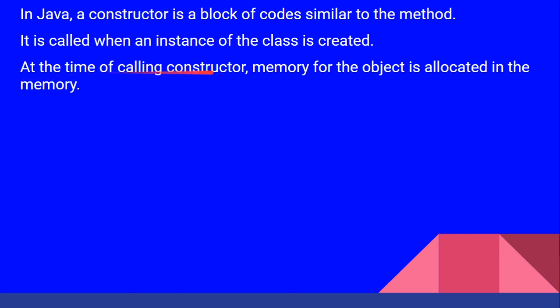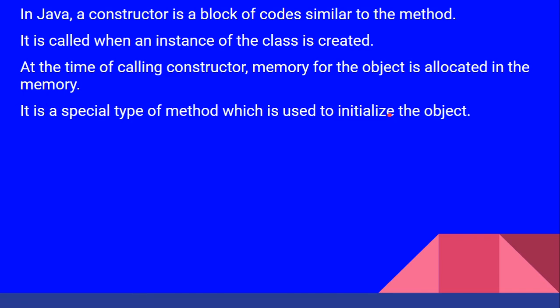At the time of calling the constructor, memory for the object is allocated. The class may have an integer variable, float variable, an array, a structure or record, a simple data structure or a secondary data structure like an array or list, whatever it may be. For everything, memory space is allotted for the object. That is the purpose of the constructor, and it is a special type of method used to initialize the object.